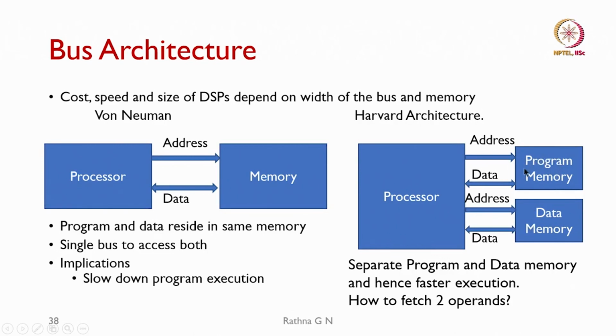So, the coefficients which are already designed and fixed, I can store in my program memory, and once the opcode has been fetched, I can release this bus and then get the data from here. That is what it says: separate program and data memory, faster execution.